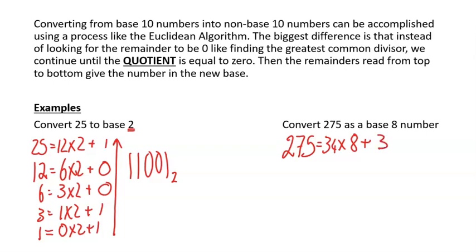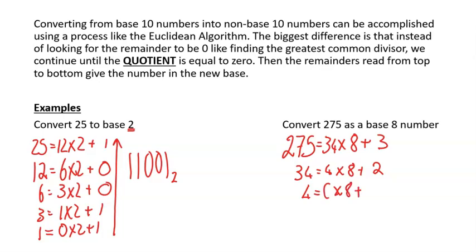I'm then going to continue on and go to the next step. I'm then going to say 34 then is got to equal something times 8 plus a remainder. Well, in this case, 34 is equal to 4 times 8 plus a 2. So I then go the next step further. What I want to say is 4 is going to equal something times 8 plus a remainder.